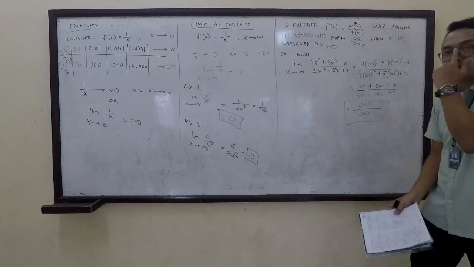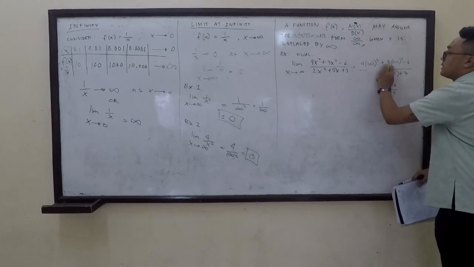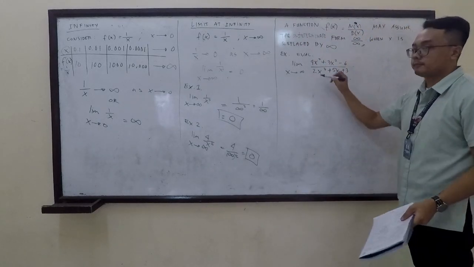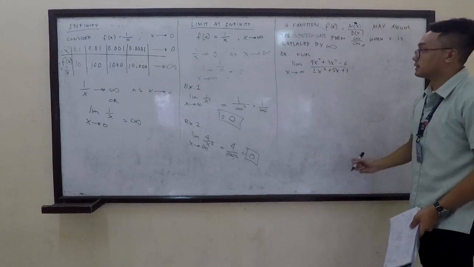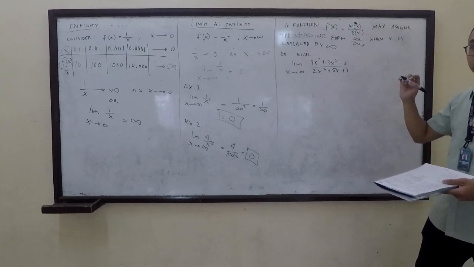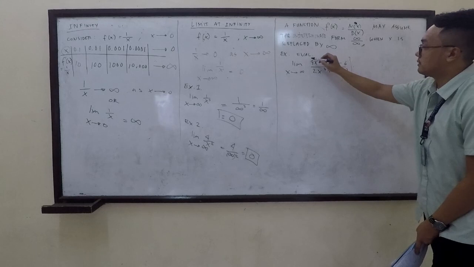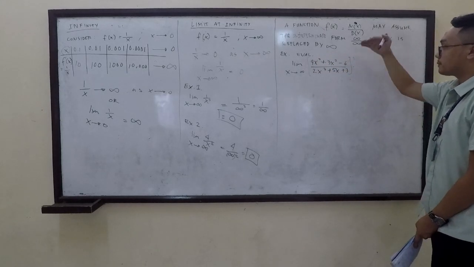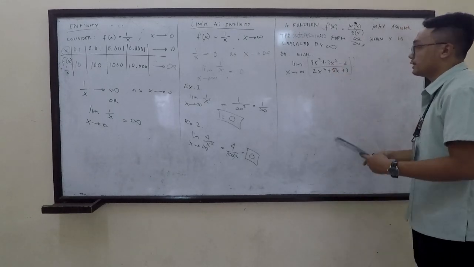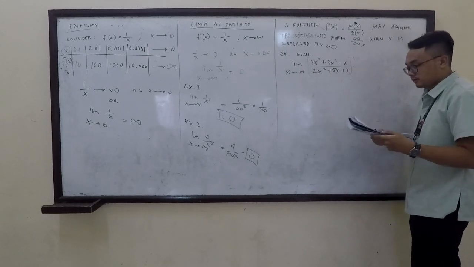So we are going to avoid that by using a basic technique to find the limit of this polynomial as x approaches infinity. If you get infinity over infinity, what we do is divide both the numerator and the denominator by the highest power of x.